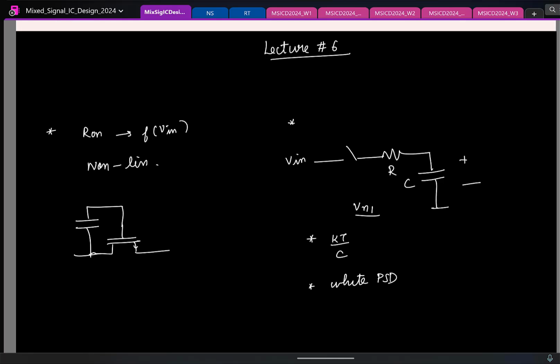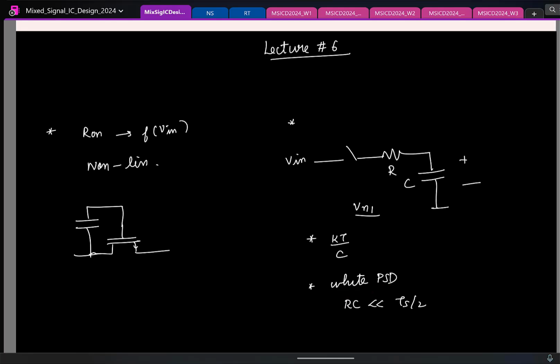And that happens when the RC time constant is much smaller than the time for which the switch is on, which means that any residual output I have at the beginning of my nth clock cycle, effect of the previous sample decays instantly. So at the end of my clock edge, this impact will be 0, right? But this is not always true. The noise power is kT by C. The power spectral density is flat only if you have, within quotes, a good sampling switch.